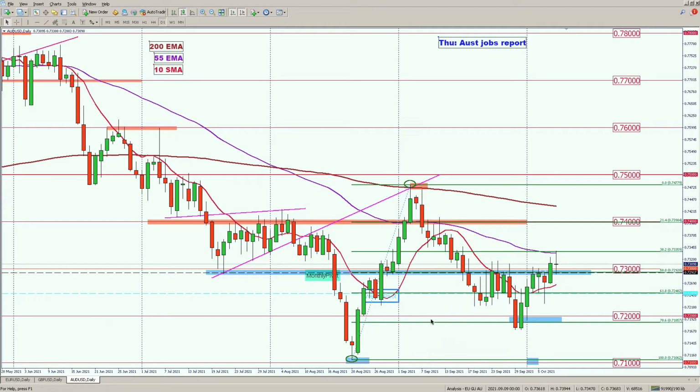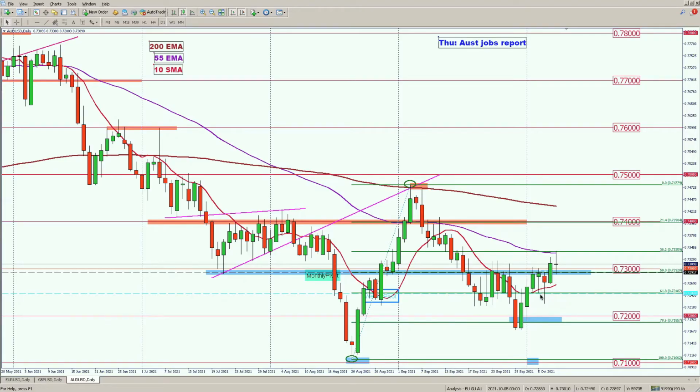Let's remove this now. So the weekly pivot for last week aligned with the 62 fib retracement level and managed to stay above that.